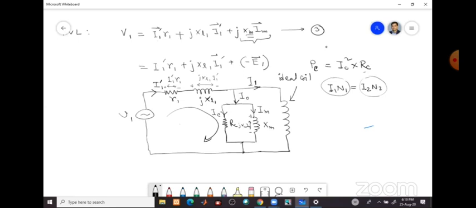So that means if there is no load current, then also you will have some mutual flux and leakage flux, but then the leakage flux will be very less. Okay, anyway, so this is the equation.